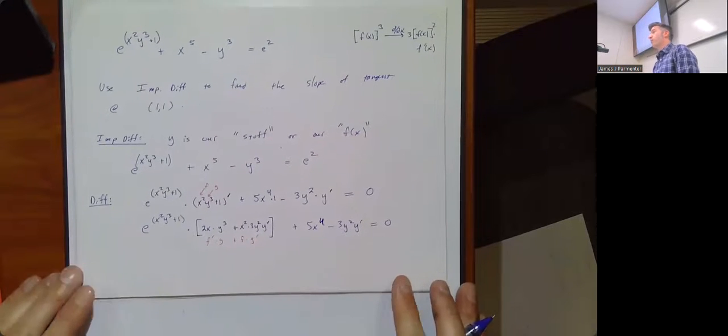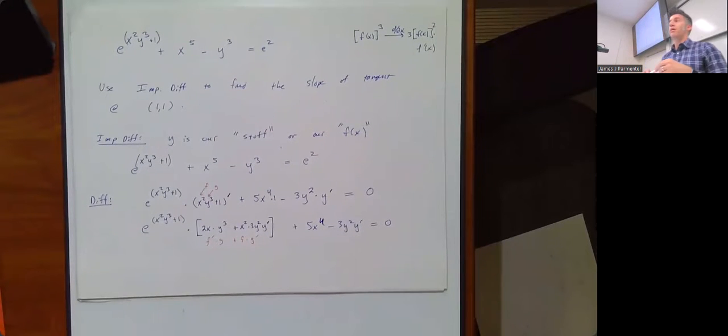Now, when I see this kind of problem, implicit differentiation, there are kind of two ways things go. One way it goes sometimes is find the derivative, meaning take this thing and solve for y prime in terms of x and y. You get some terrible trash that has lots of x's and y's divided by other x's and y's.